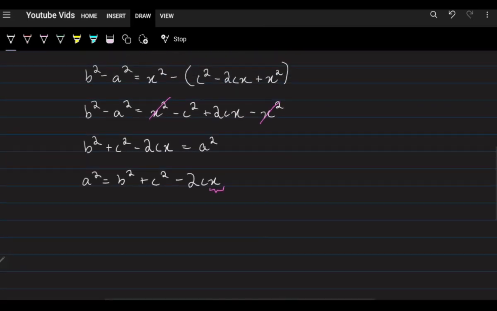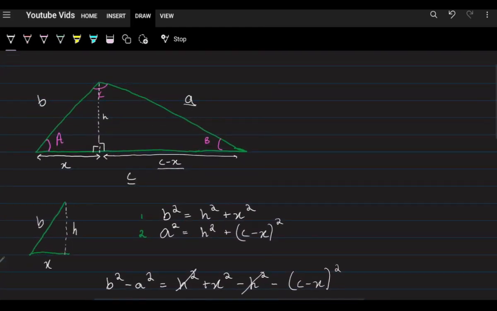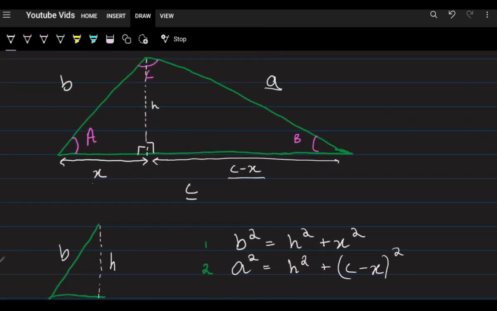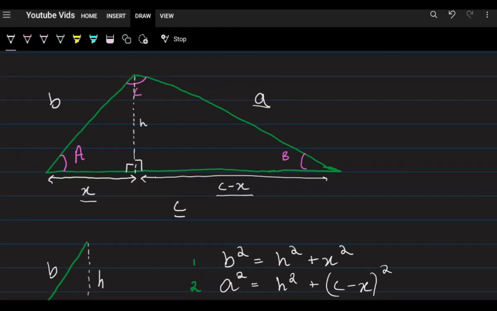So let's go back to the diagram I made. So in this we need to find x, or at least an expression for x. How do we do that? We can use the cosine ratio. So we know that cos of anything is equal to the base over the hypotenuse, right? So this means cos of a will be the base, which is x, over the hypotenuse, which is b.